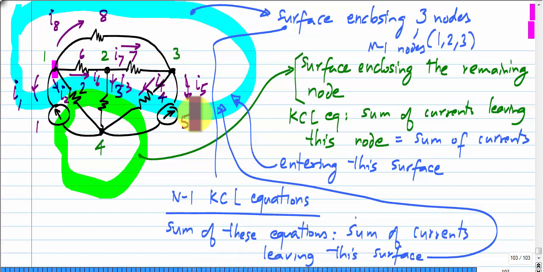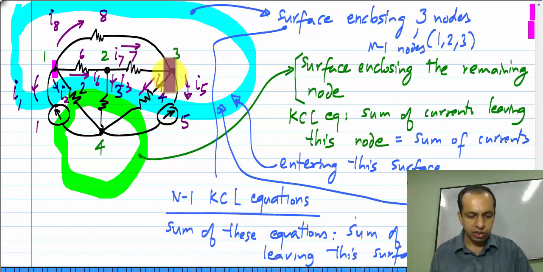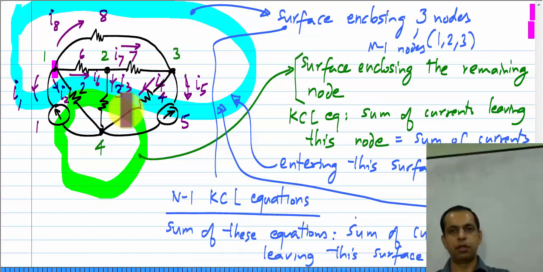So, now you clearly see that the KCL equation for the last node, which denotes the currents leaving the green surface and entering the blue surface, is obviously the exact opposite of the sum of the first n minus 1 KCL equations, which denotes the sum of all currents leaving the blue surface. So, there are n minus 1 KCL equations. I hope that is convincing.